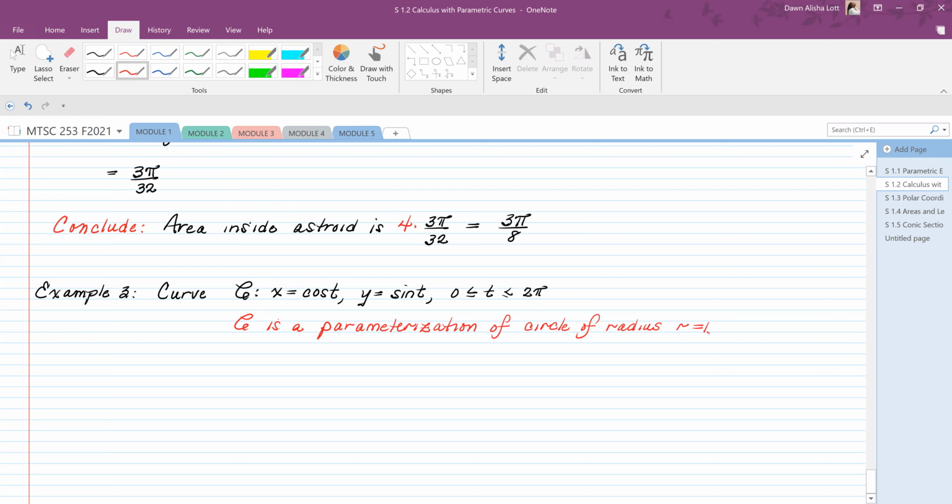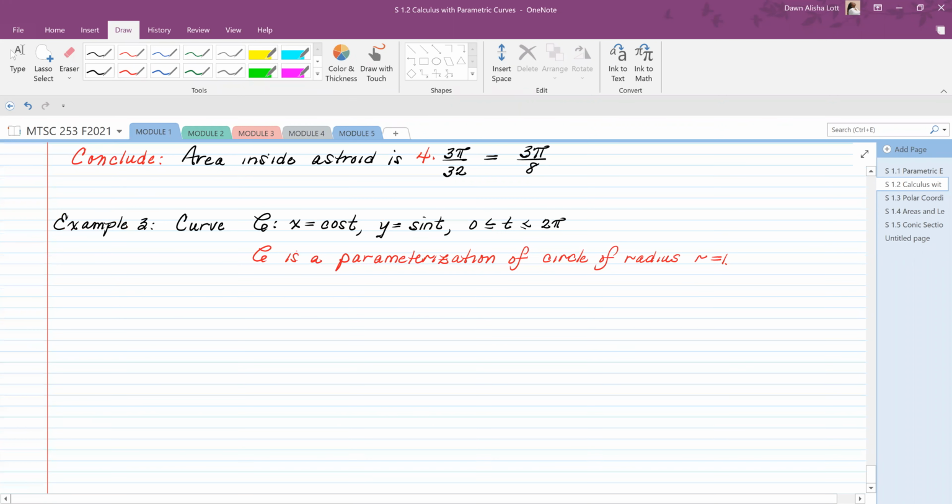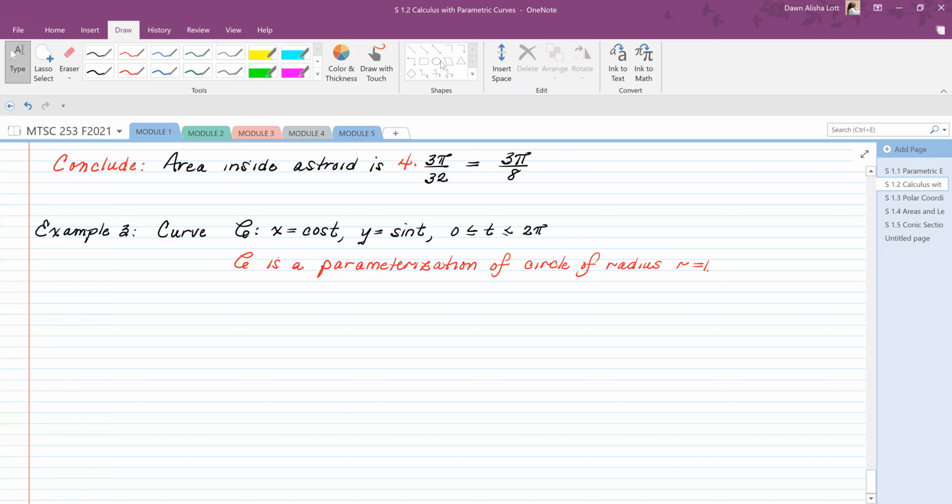Okay. So what I want to do is I have this circle. Let me see if I can get a good circle here. Nice circle.